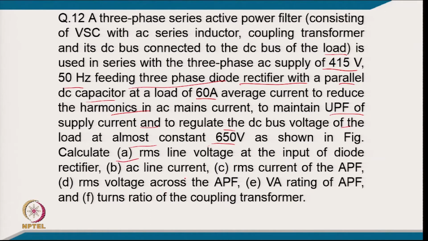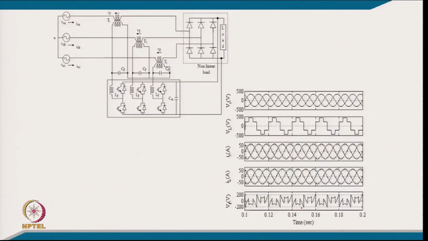Calculate: A, the RMS line voltage at the input of the diode bridge rectifier; B, the AC line current; C, the RMS current of the active series filter; D, the RMS voltage across the series active filter; E, the VA rating of the series active filter; and F, the turns ratio of the coupling transformer used in the series active filter.